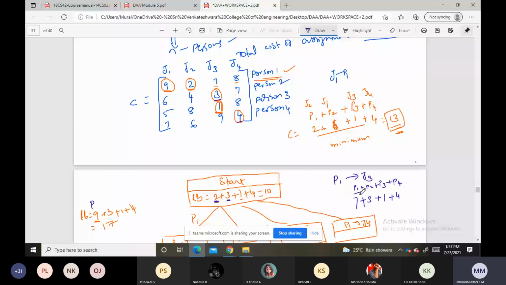But the same job we cannot assign to person 3, because job 3 is assigned to person 1. So automatically we cannot assign it to person 3. If this is job 2 and this is job 4, then this will be job 1.